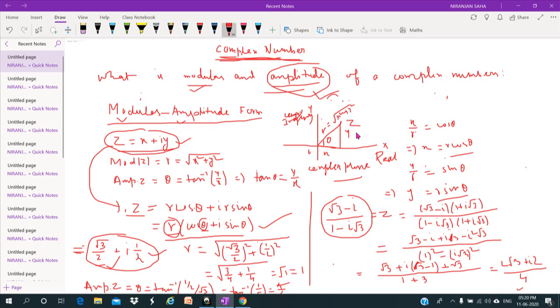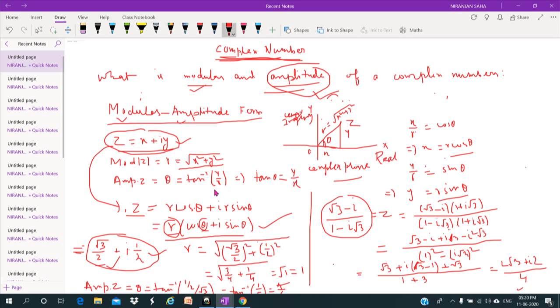So here r is the distance from the origin to the complex point where the complex number lies, and r is the modulus of the complex number, which is represented by root over x square plus y square, since this is a right triangle. And the amplitude of z is the angle theta which the line OZ makes with the x axis.